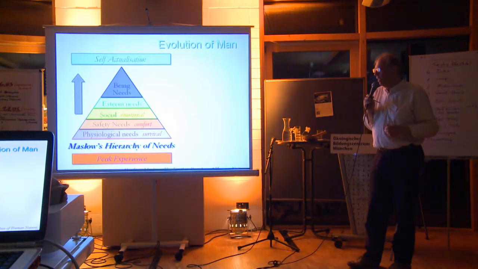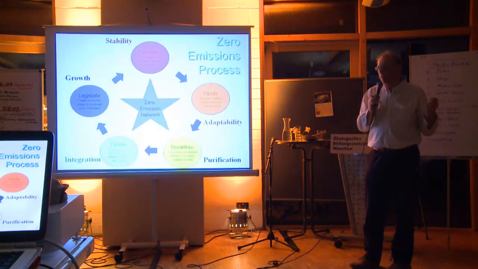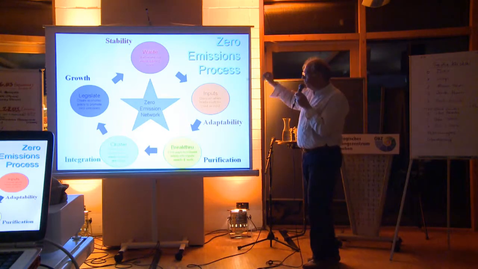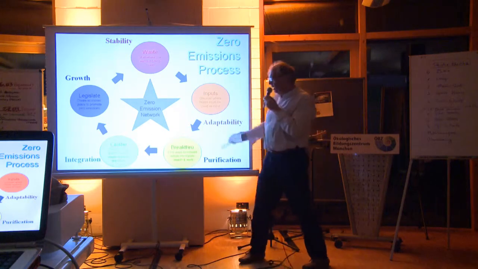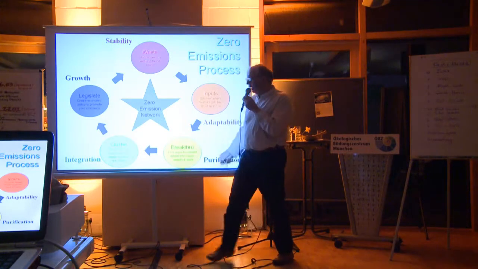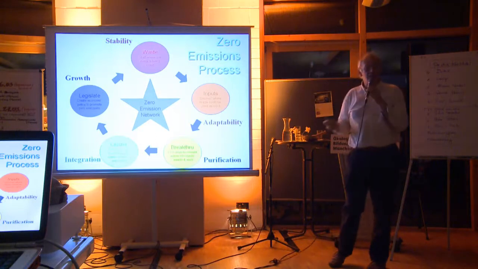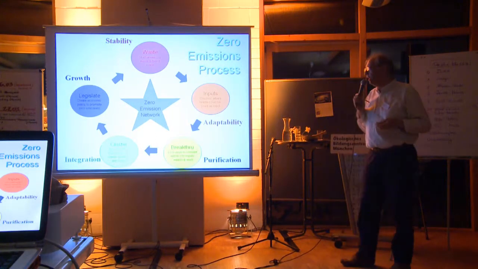So many models are actually symmetrical, and this is a systemic thinking model where you're taking waste, you're looking for things we can put waste in, you make breakthroughs, that's purification, you cluster models together, which is integration, and then you roll this out. That's the zero emissions methodology.